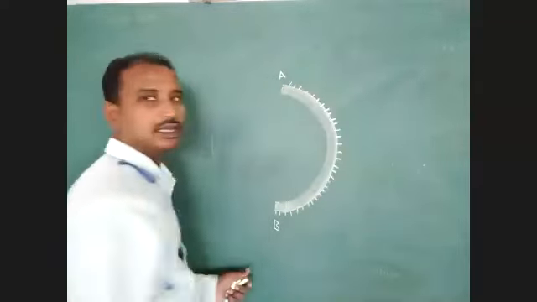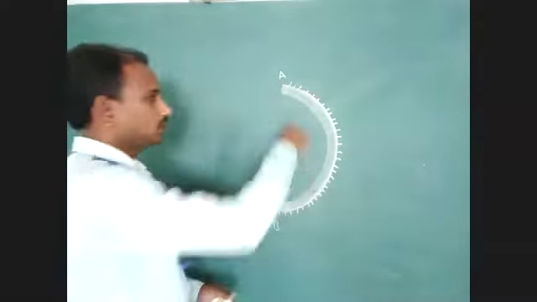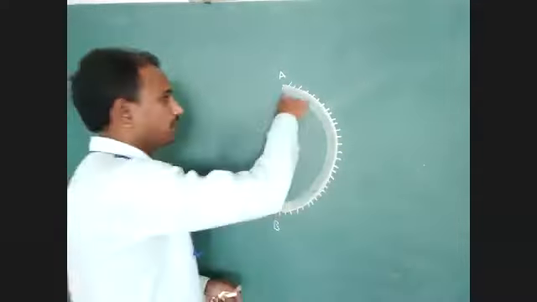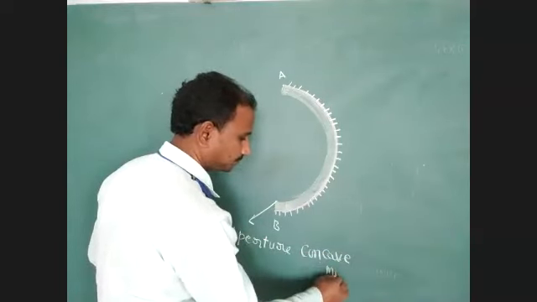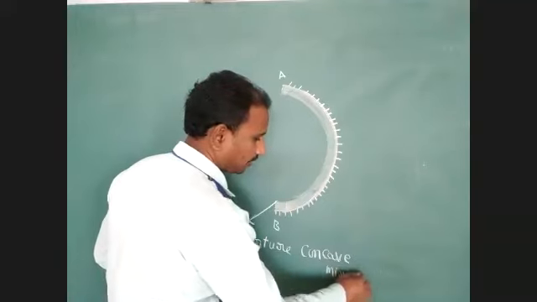This reflecting surface's curved length is called the aperture, the aperture of the concave mirror.